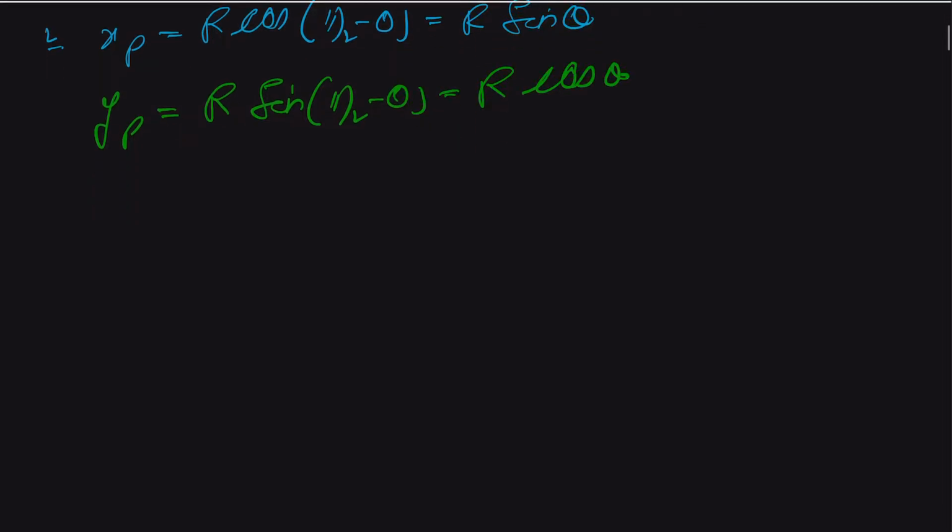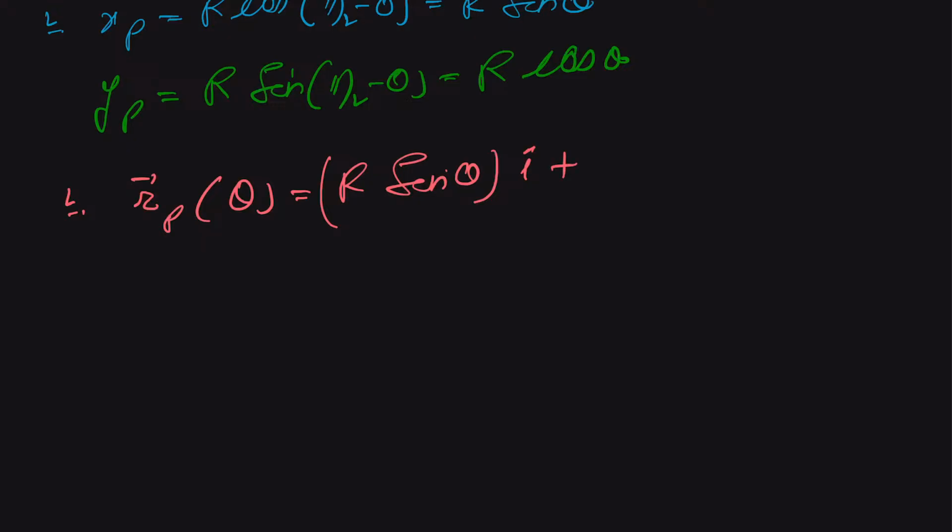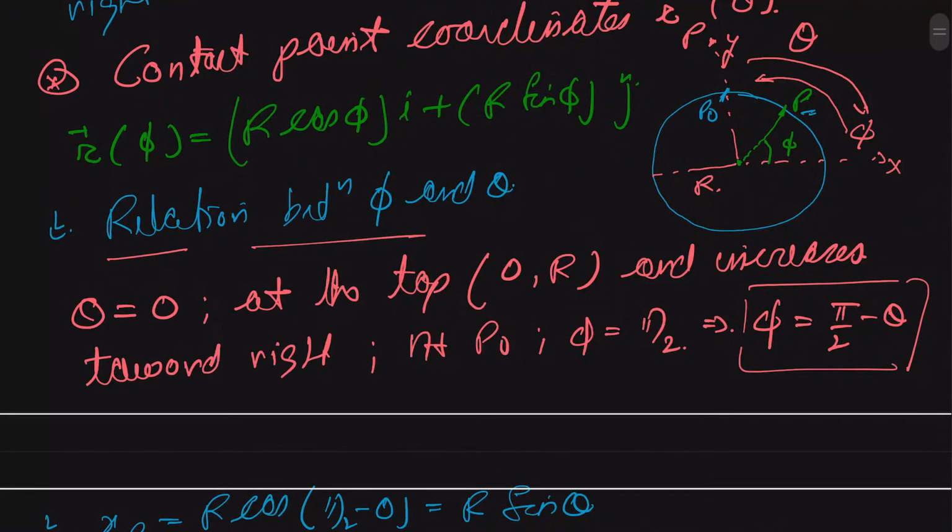So the position vector of P is r sine theta i unit vector plus r cos theta j unit vector, and this is our position vector for point P as it moves from P naught towards the right side, along theta.